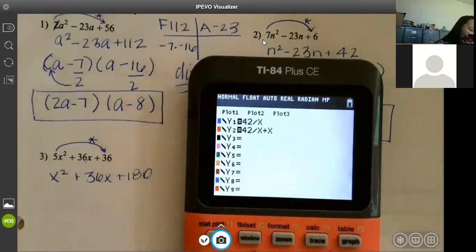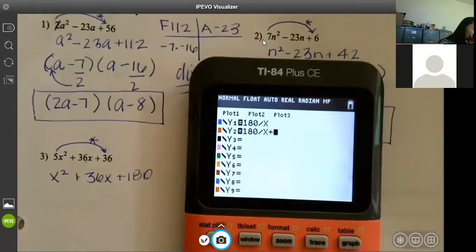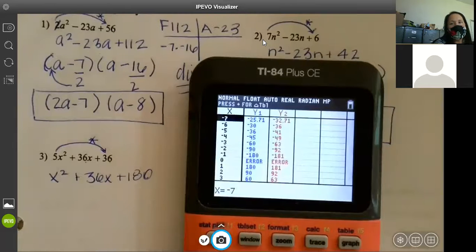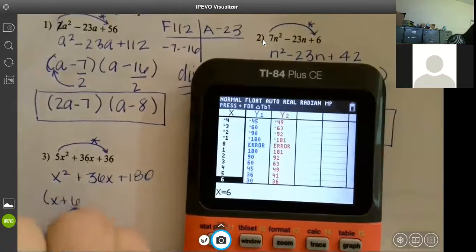I'm going to look for factors of 180 that add to 36. So I'm going to put it in my calculator: 180 divide x, 180 divide x plus x. Looking for 36 in the red column, there's negative 36, but I want positive 36, and it's 6 and 30.